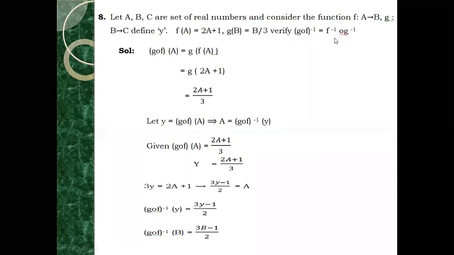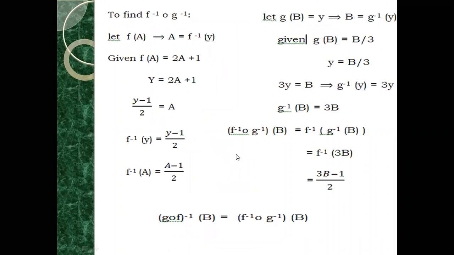So we need to find the RHS. What is that? f⁻¹∘g⁻¹. To find f⁻¹∘g⁻¹, we need to find f⁻¹ of the a value and g⁻¹ of the a value.